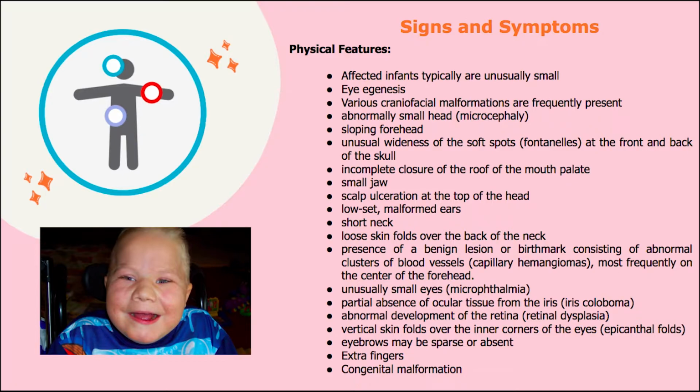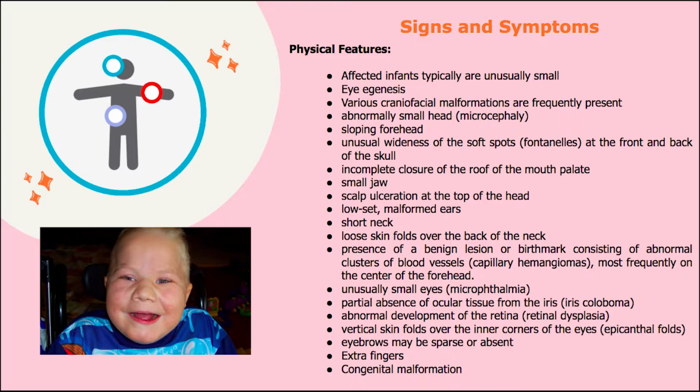Various craniofacial malformations are frequently present: abnormally small head, sloping forehead, unusual wideness of the soft spot at the front and back of the skull, incomplete closure of the roof of the mouth or palate, small jaw, and scalp ulceration at the top of the head. We also have low-set, malformed ears, a short neck, and loose skin folds over the back of the neck.